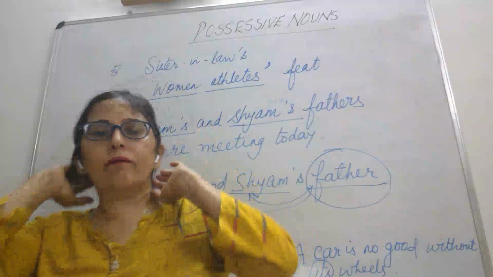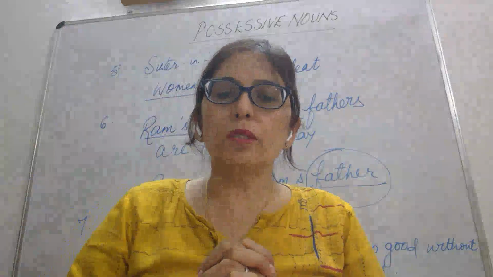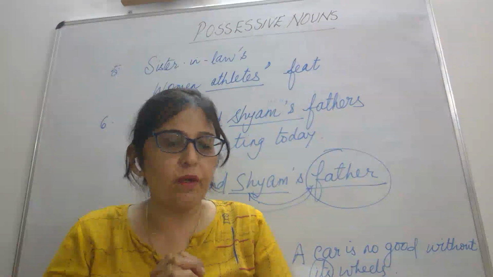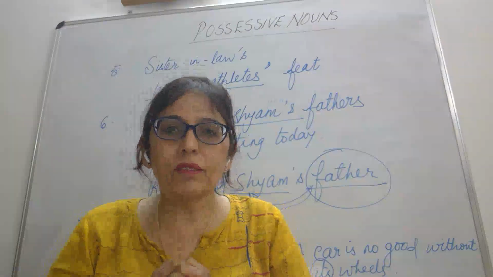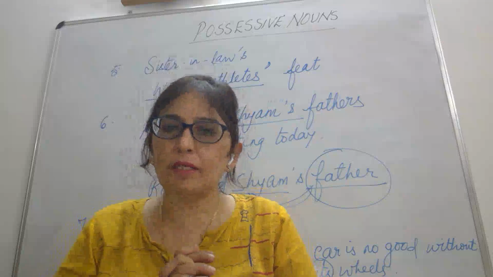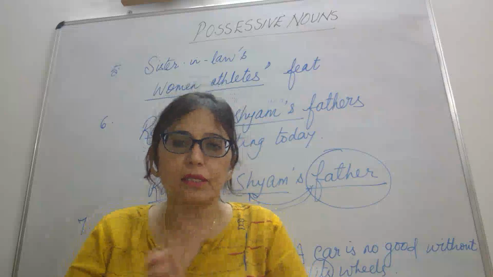So now, today's session, what all did we do? A quick recap of what we have covered. When do we use possessive? To show possession or ownership. If it is a singular noun, we just add apostrophe s and make it possessive. Rekha's pen, Rekha's book, Rekha's table.